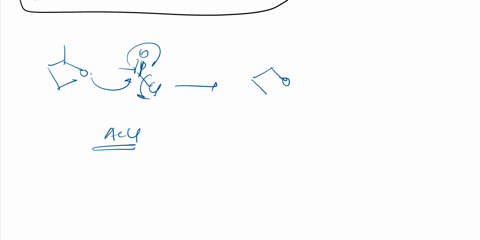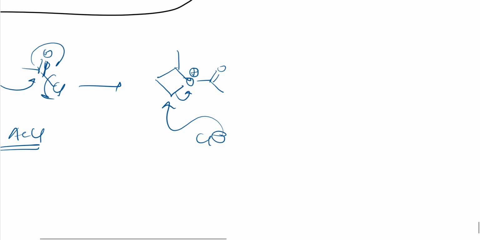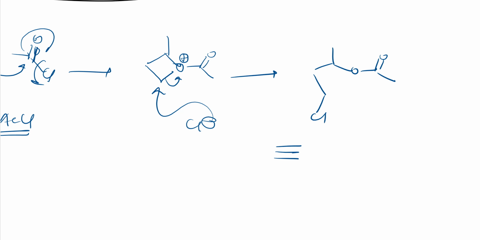So I have got this one, COCH3, and Cl minus is there. So it will do an SN2 reaction. Here oxygen will be having a positive charge, right? So I'll get this product, CH2Cl, right? Instead of writing all these things, we can simply write like this also, OAc, because that is understood, and Cl.